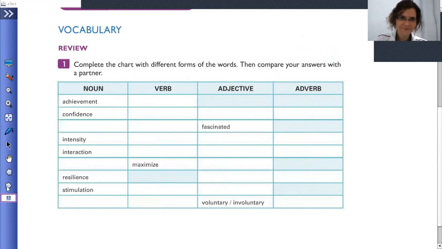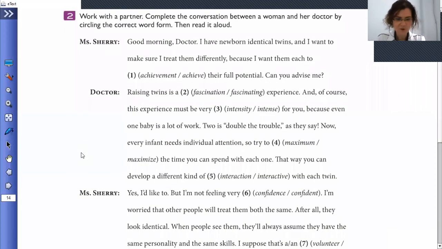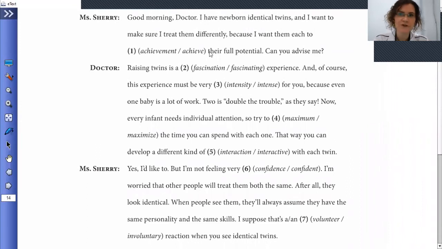Great. Okay, now facing forwards, we're going to try to use the words in the correct part of speech, fitting the conversation. I'm going to point that out for you, and please check whether you have your answers correct.